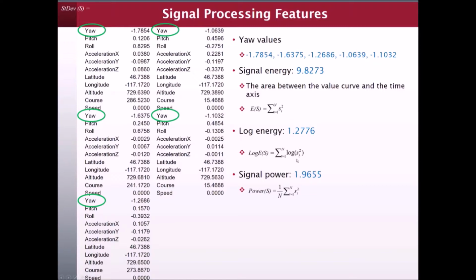The log energy is the sum of the log squared values, and signal power is the average of the squared values. In the continuous valued case, instead of computing the sum, we should be computing the integral.